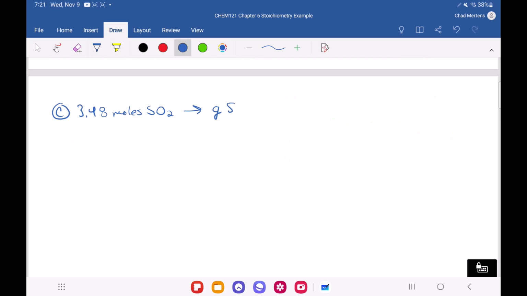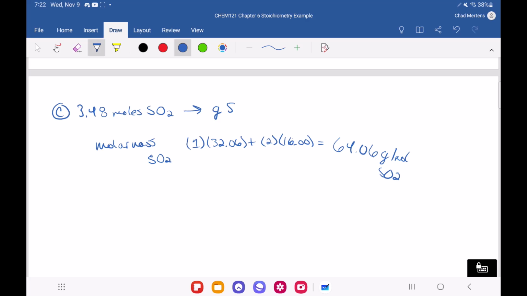So in C, we want to take 3.48 moles of SO2 to grams of sulfur. First, I would do the molar mass. We have 1 sulfur with a mass of 32.06 plus 2 oxygens with a mass of 16, which will give you 64.06 grams per mole of SO2.